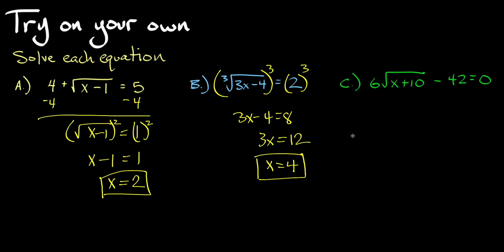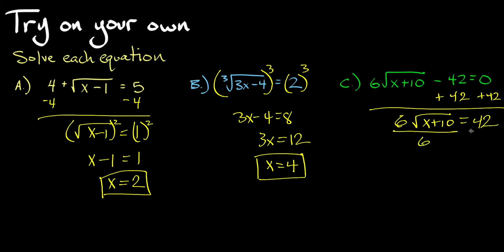Oh, yes. Yes, I have. So I started off, I moved 42 to the other side. Perfect. Yep, we're trying to get the root by itself. Positive 42. And then I divided by 6. Excellent. That gets the root by itself. And then I, oh, I screwed that up.